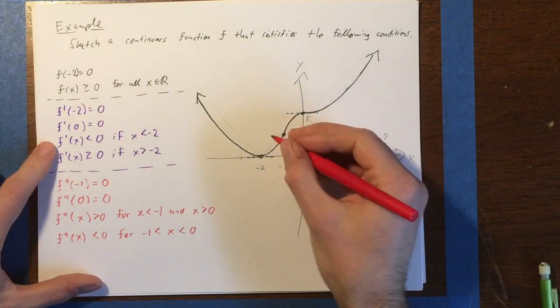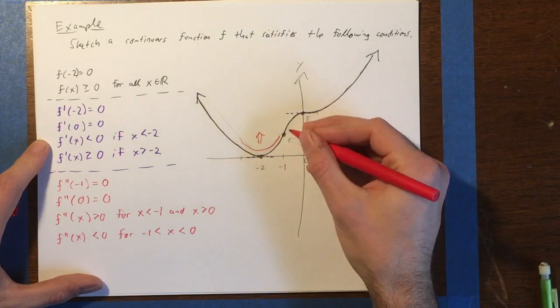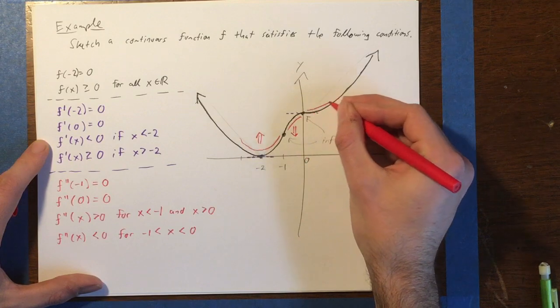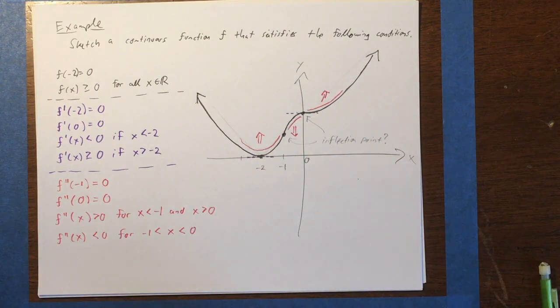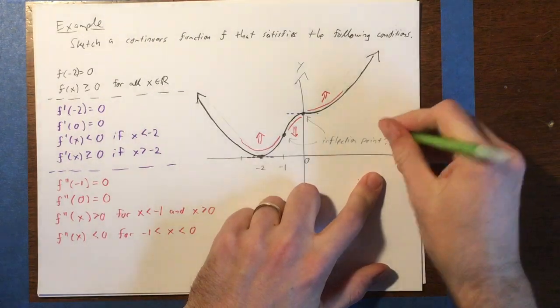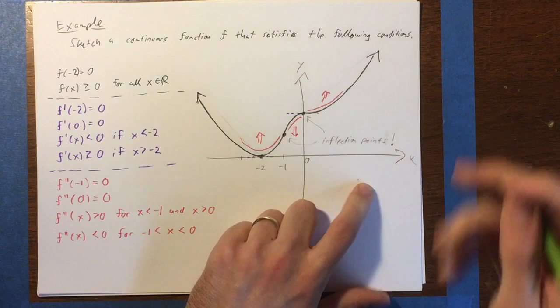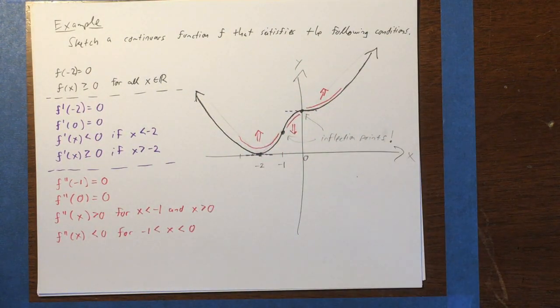And you can see the positive concavity here, the negative concavity here, and then the positive concavity here. And it turns out both of these points at -1 and 0 are indeed inflection points, because there were changes in concavity at those points.